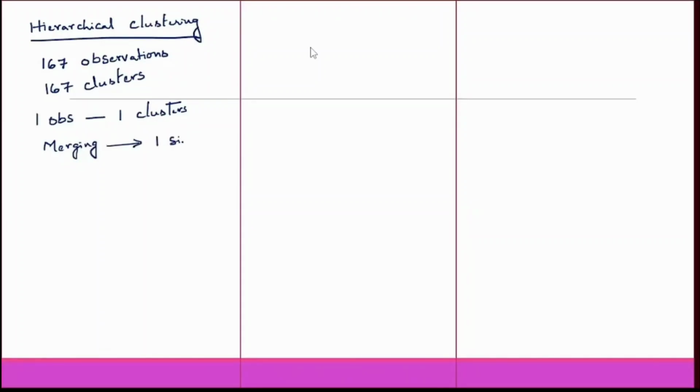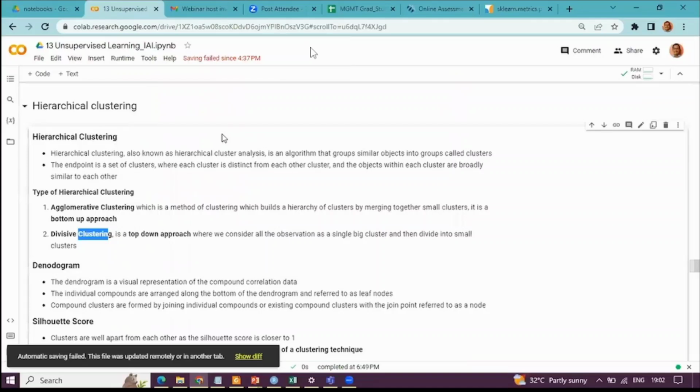So we start with 167 clusters. We keep merging all the clusters one by one until we finish off all the clusters, and finally create one master cluster. So that is what is called agglomerative.